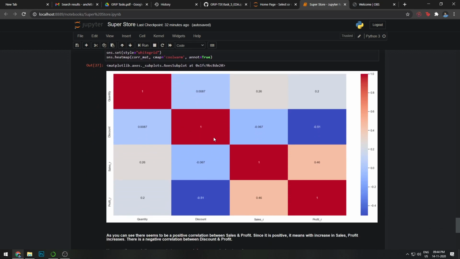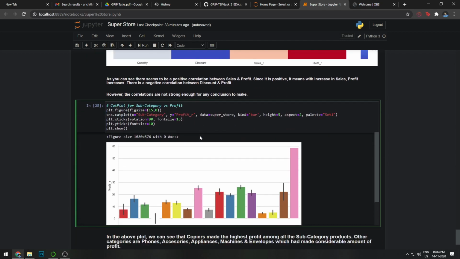Here also we can see that there's a positive correlation between profit and sales. However, that's not a strong one. Similar is the case for discount and profit. It's a negative correlation, but again, not a strong one. Not much of a significance or interpretation we can make through the correlation plot as well.